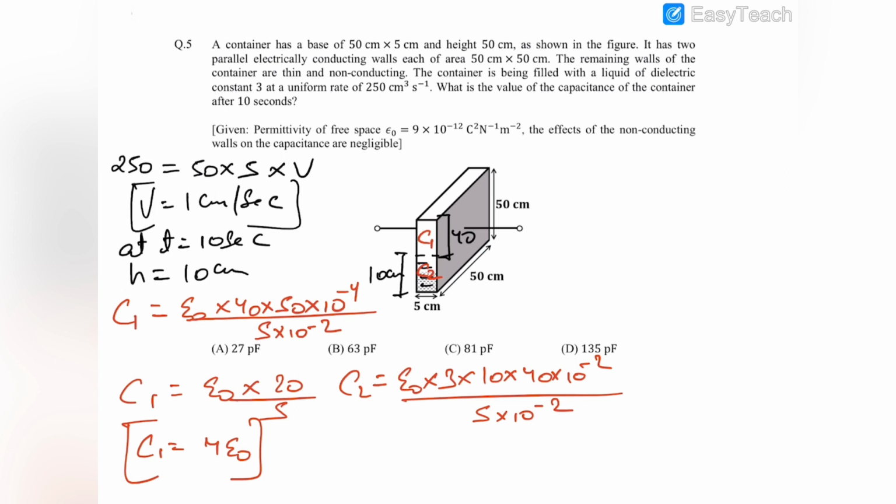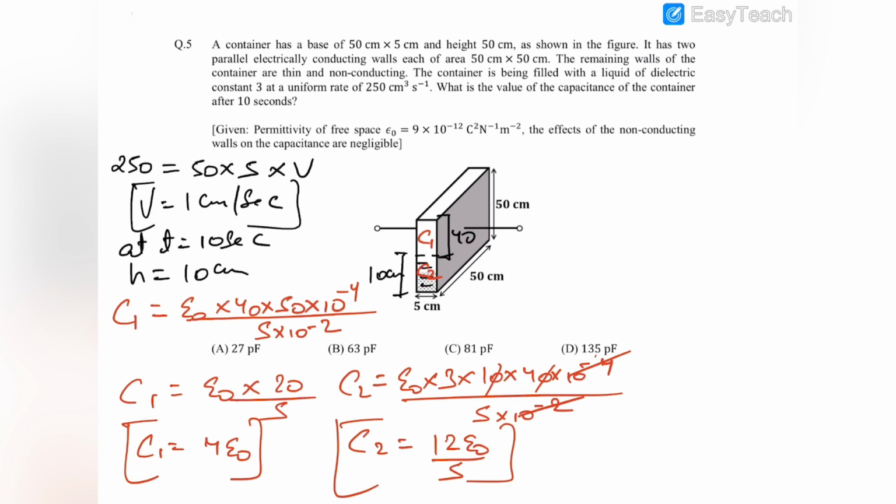Okay, so this is minus 4 in fact. You can see that C2 would be equal to 3 into 4 divided by 5, which is 12 by 5 epsilon naught. So this is 12 epsilon naught by 5.